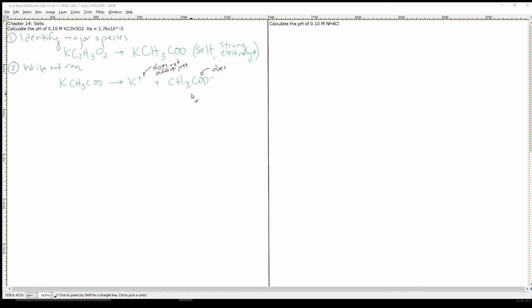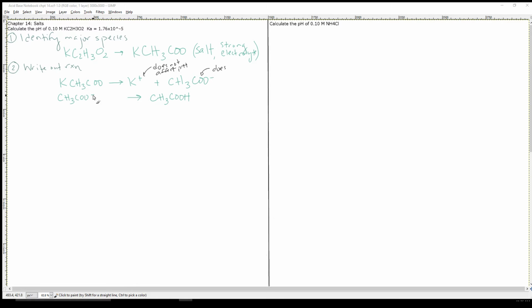Now, if we had the reverse of this, like in our next example, we have ammonium chloride. Now here in this one, our chloride is not going to affect our pH. So let's take what is going to affect our pH, our acetate, and we are going to show that this becomes CH3COOH, becomes acetic acid.